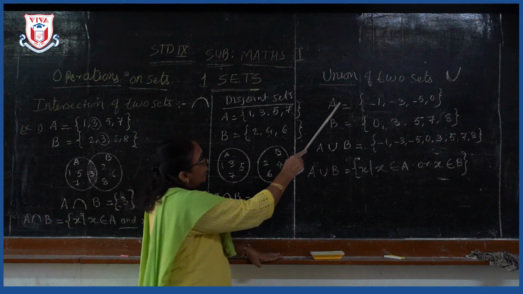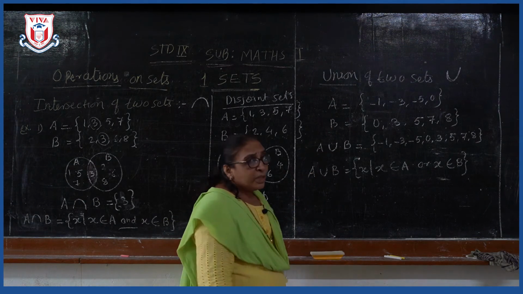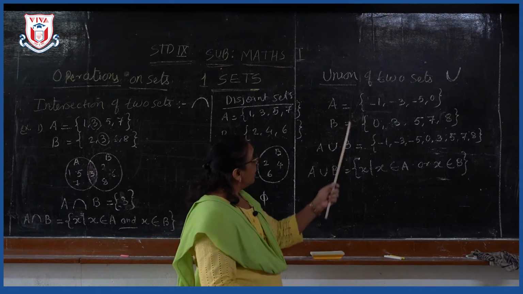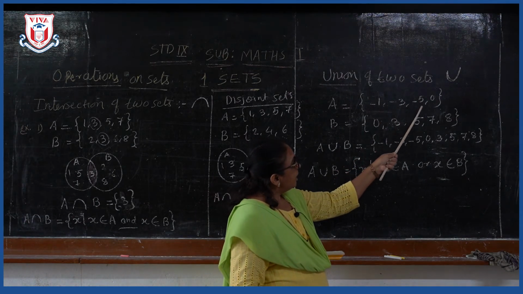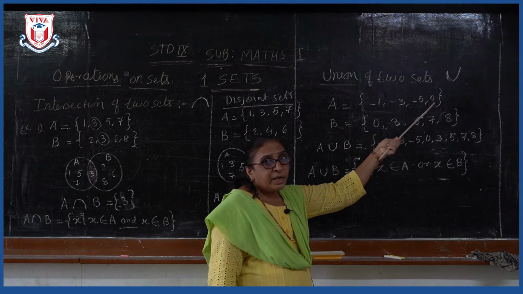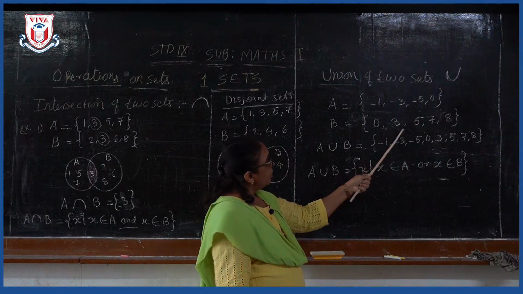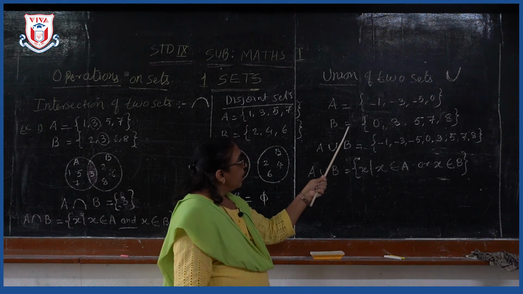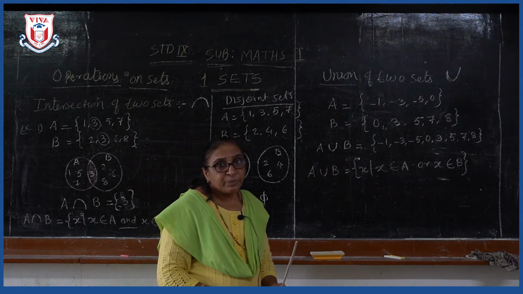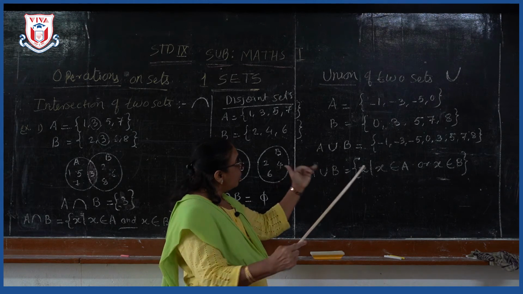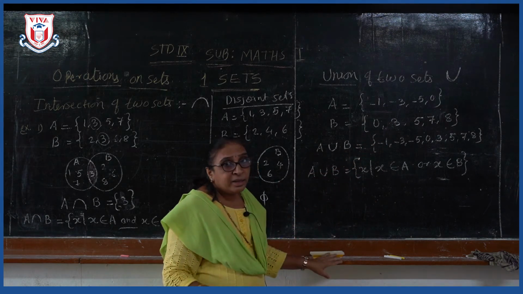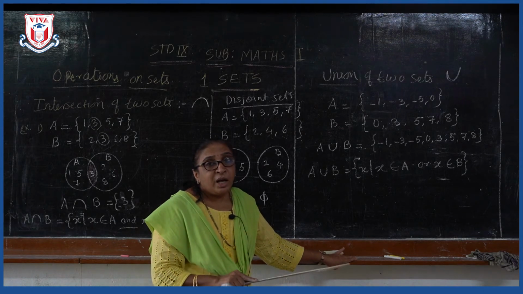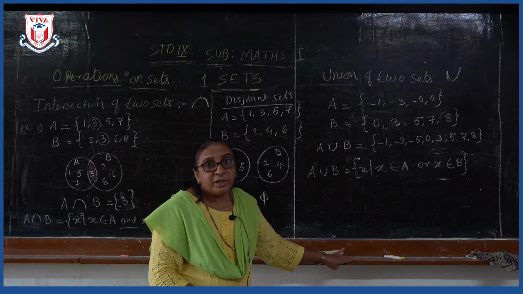Now, we will see the union of two sets. Suppose A and B are two sets whose elements are -1, -3, -5 and 0. These are the elements of set A. 0, 3, 5, 7, 8 are elements of set B. Then union means what? Altogether these A and B are considered, but repeating elements we are not writing two times.